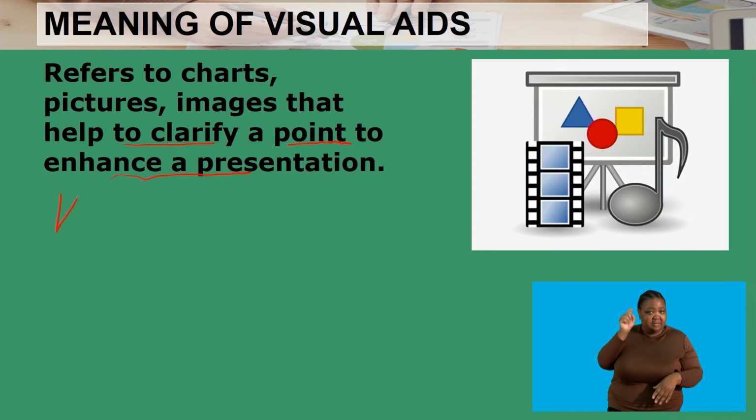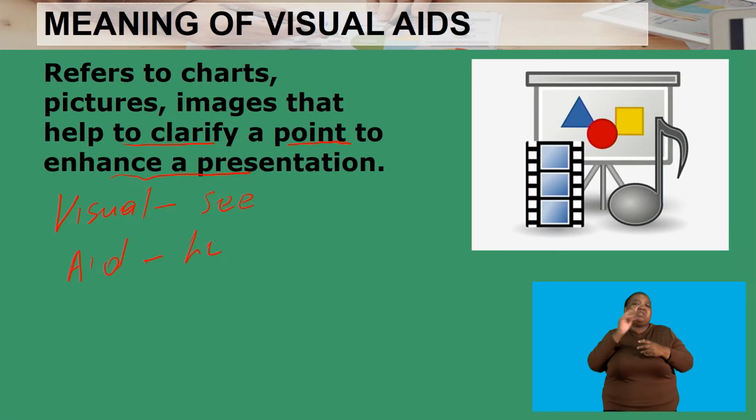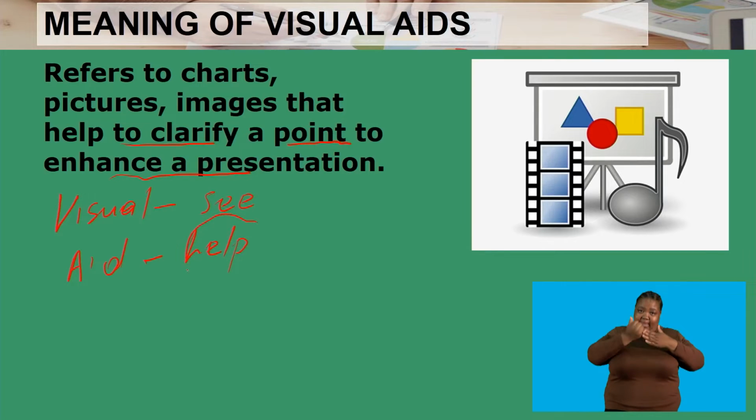So with the term visual, what are we talking about? Visual has to do with what now? Things we see. And then when we are talking about aid, has to do with helping. So when we are talking about visual aids in a presentation, we are talking about images or pictures that help us to see the point that the presenter is, what now?